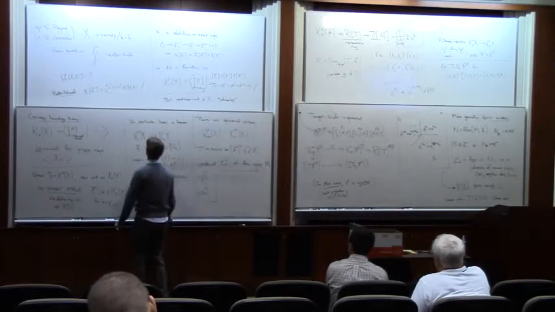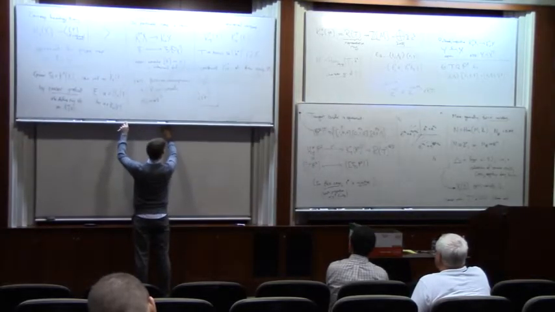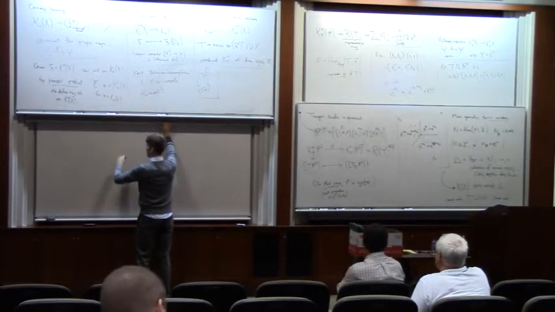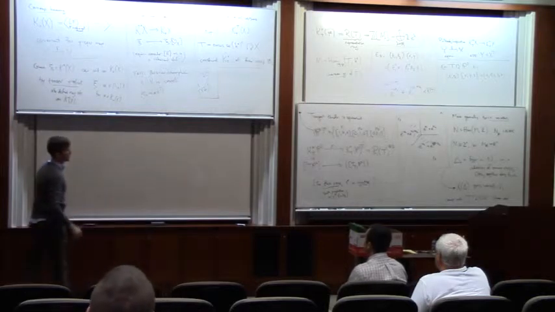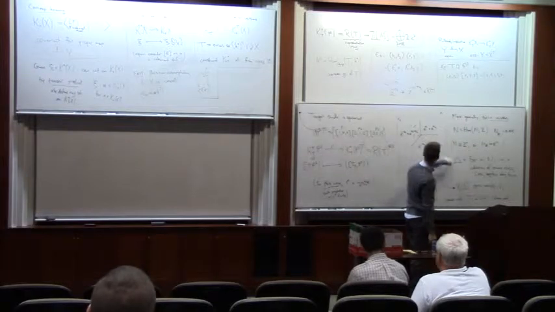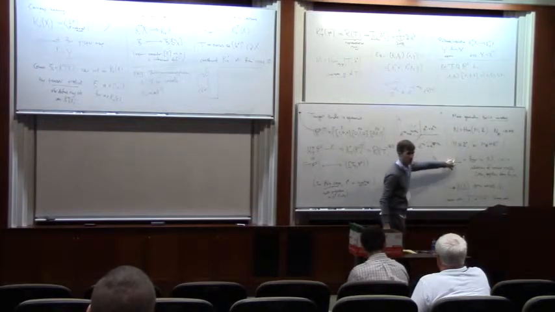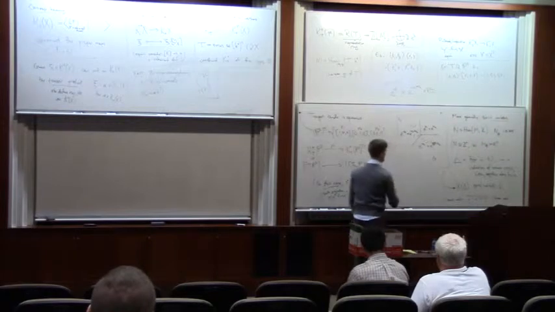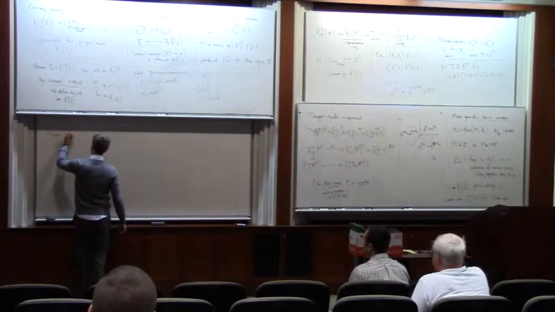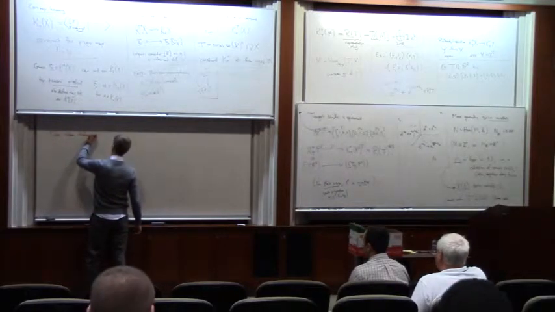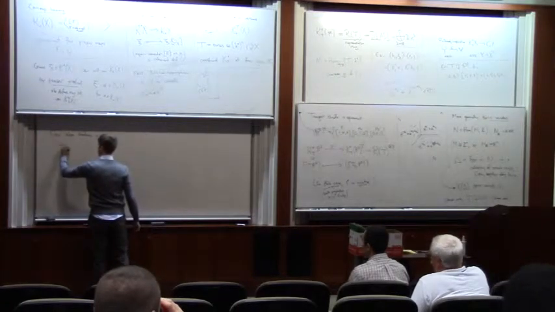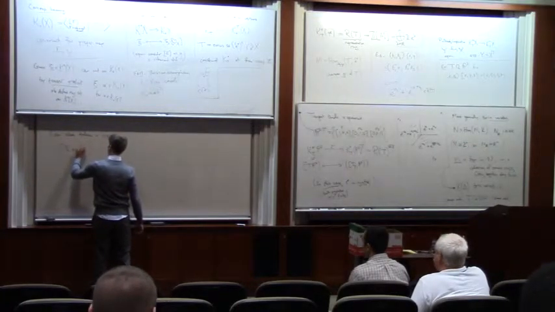So given a fan, which is just some convex geometric object, you can associate a space. You can also associate a ring, which I'll call PE of delta.